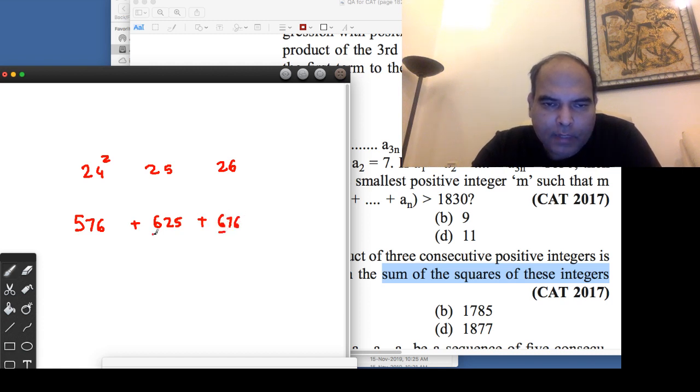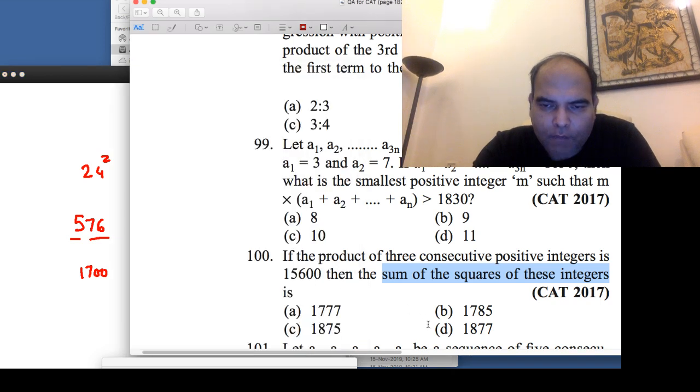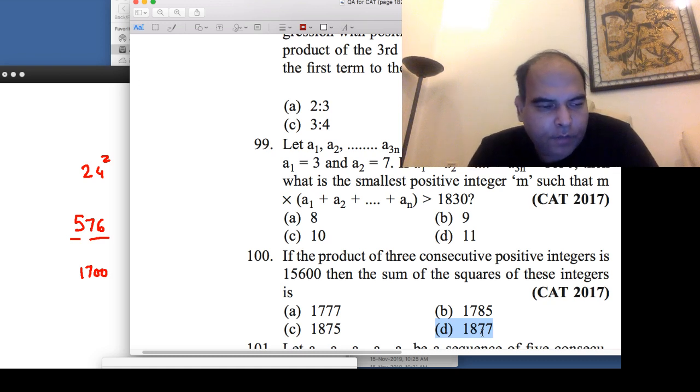So that's 600, 600, 500, that's 1700, 76, 101 and 177. So 1877 is the answer, and you have clear vision of what you need to mark here. Right? Any questions, anybody, before I wind up then?